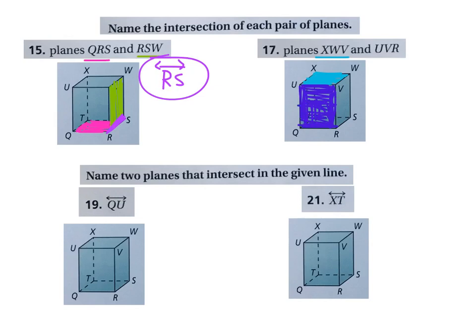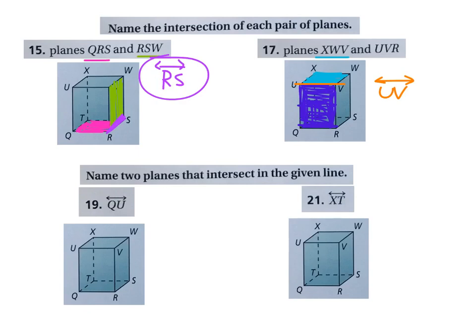That's that right there. And where do they intersect? They intersect here along this line. And we will call that UV, line UV. Okay, it looks like it's a segment because they show the planes ending, but planes actually continue on forever.